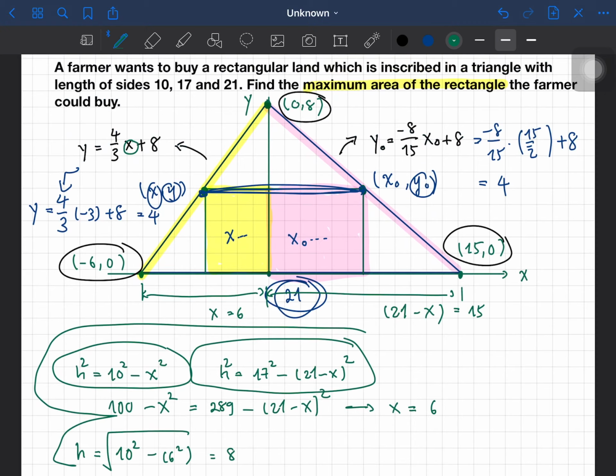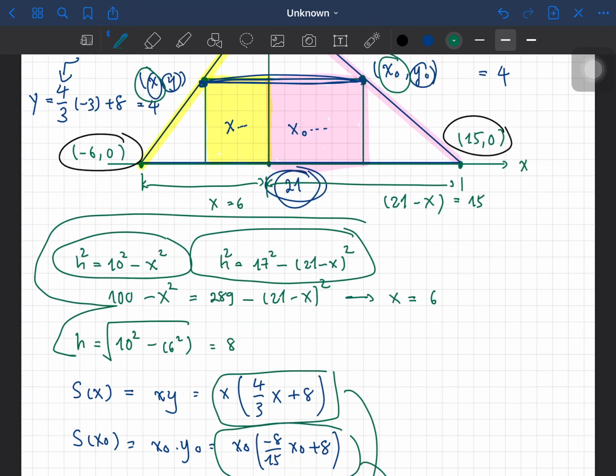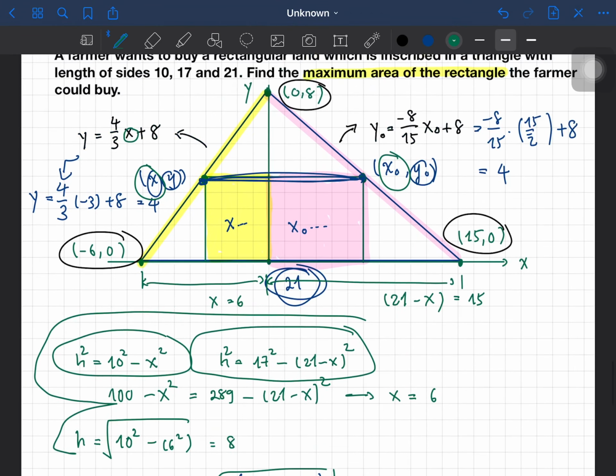In this case, x equals -3 and x naught equals 15 over 2, and we compute the value of y and then the value of y naught, and in the end, we use the values of x, x naught, and y or y naught to compute the area of the rectangle, which is the area of the yellow rectangle plus the area of the red rectangle.